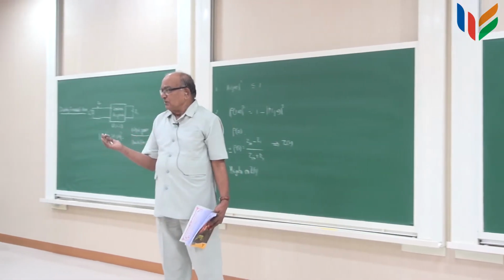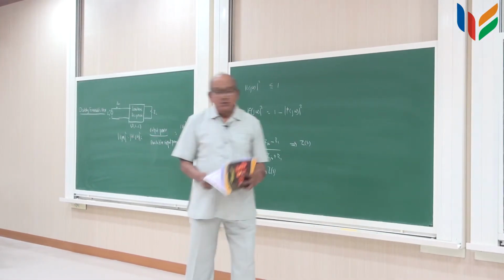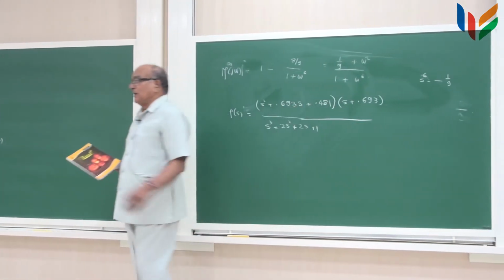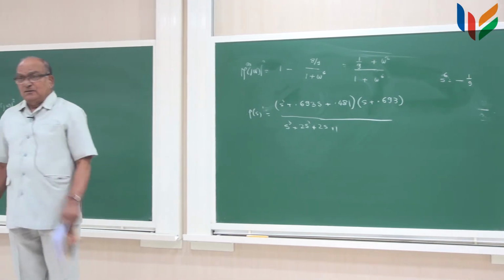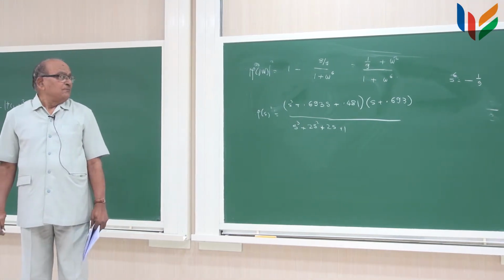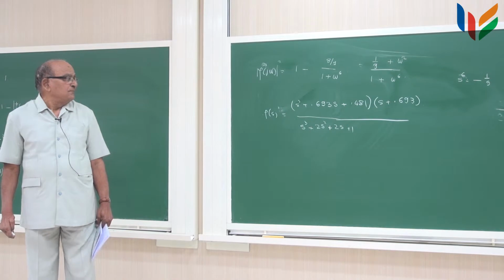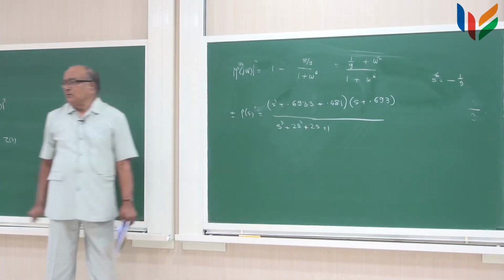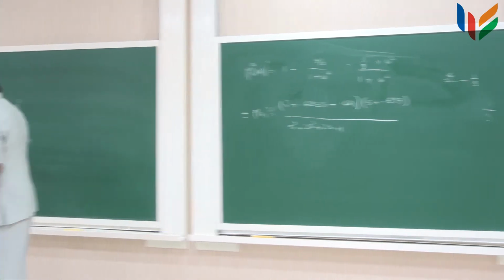Because it has 3 zeros on the left hand plane. So 2 zeros complex conjugate and 1 on the negative real axis. So I can pick up this as a minus rho S, as a plus rho S, as I told you here.